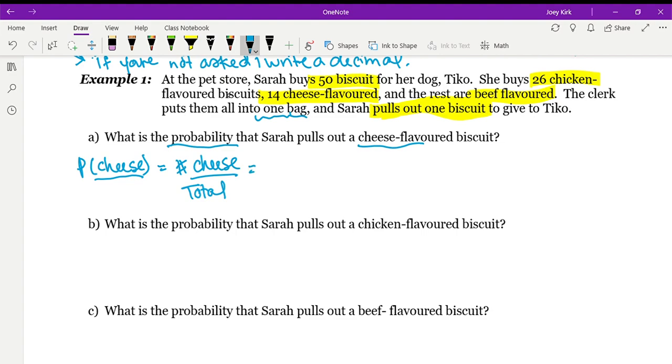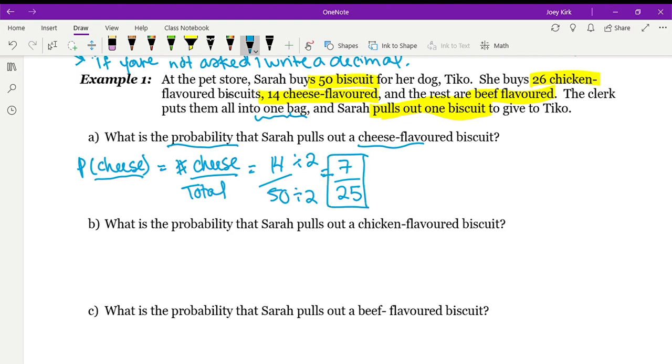The number of cheese biscuits that we have is 14. The total biscuits is 50. So this would be our fraction, but you want to reduce it, so make it as small as possible. To do that, you have to take out a common factor. I'll divide both the top and bottom by 2, and I'll reduce my fraction to 7 over 25, okay? So that would be my fraction answer.